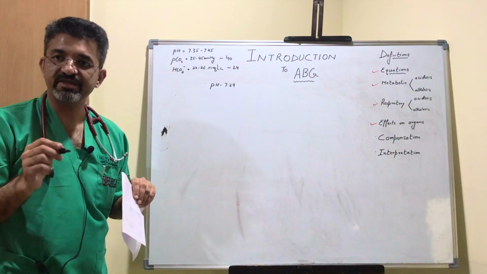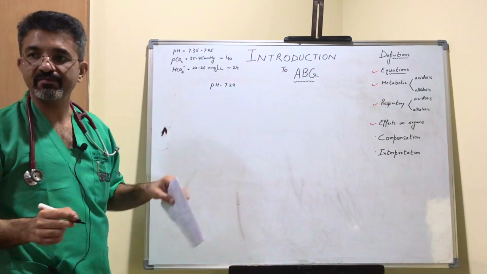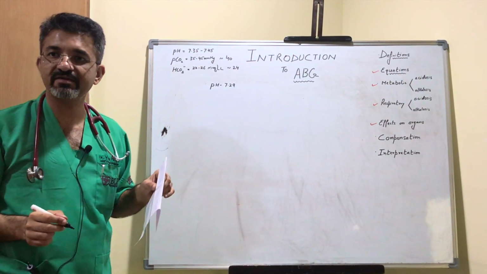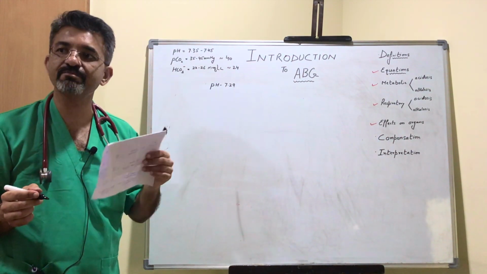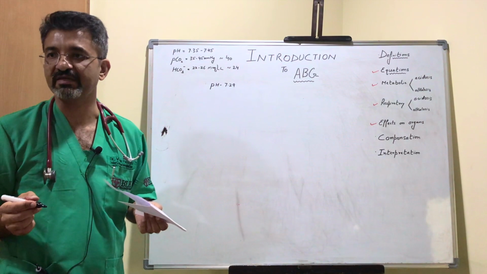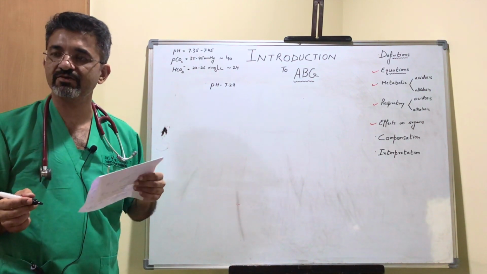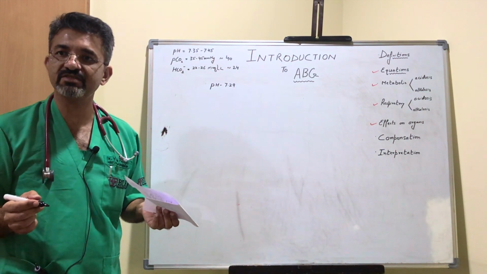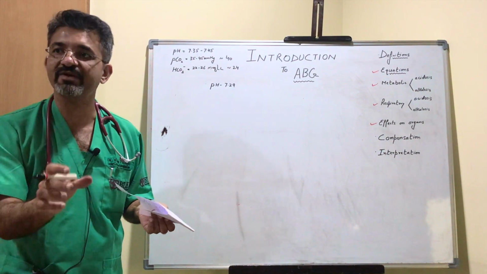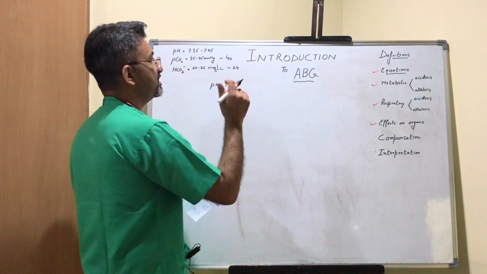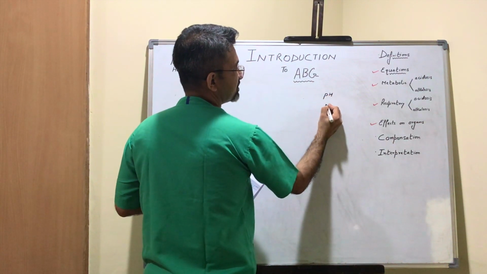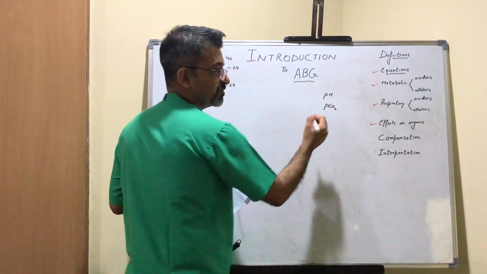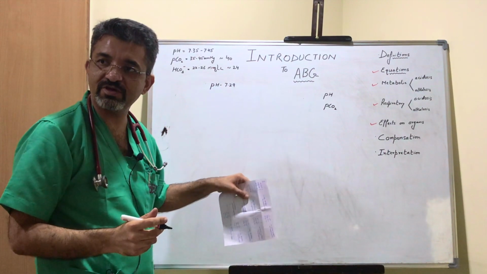You can have a patient where your pH is normal. That doesn't mean the patient doesn't have a problem. It means that there is a problem. Probably the compensation is good enough to make the pH normal. So don't negate the ABG just by looking at pH. Look at all the parameters. When we see an ABG, we see pH first, then we see PCO2, whether PCO2 is driving my pH up or down.